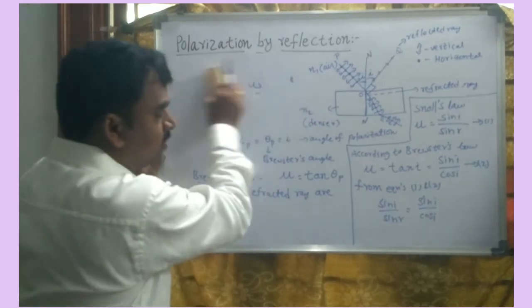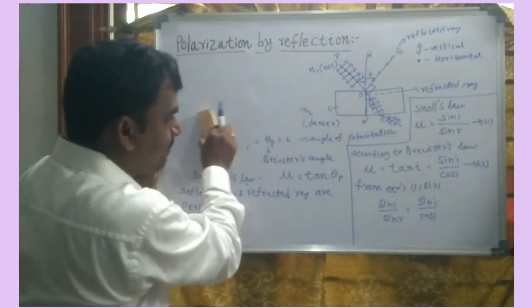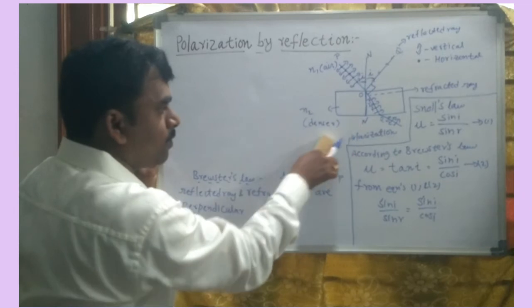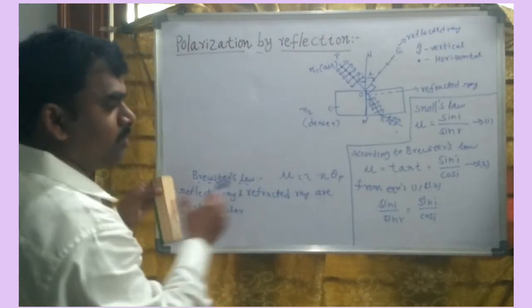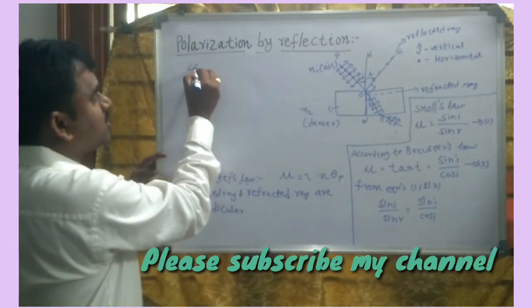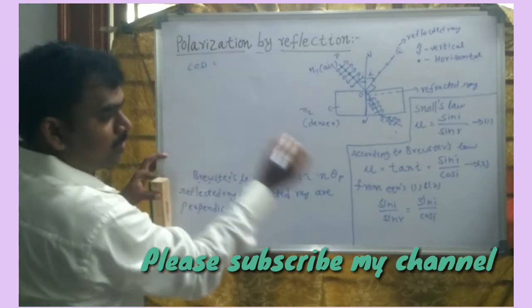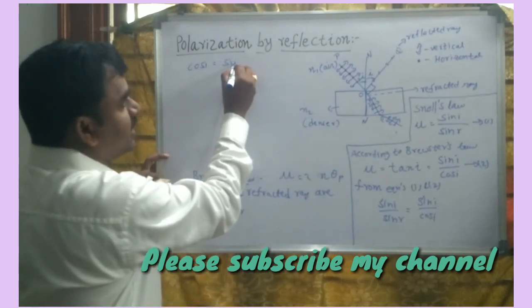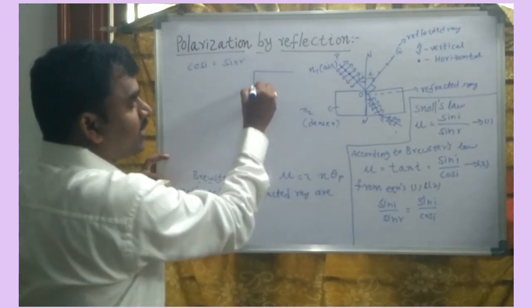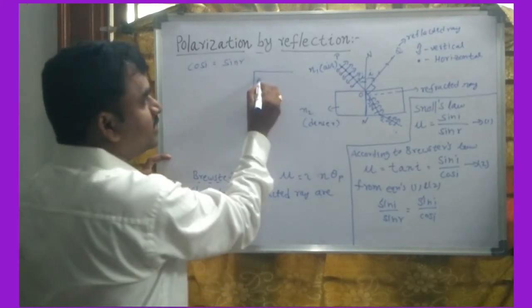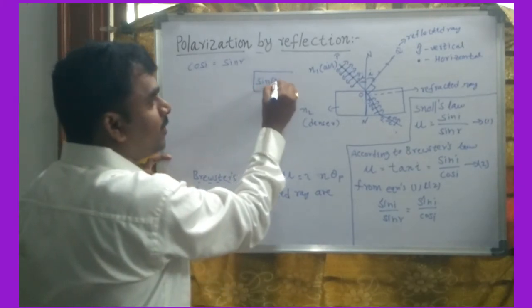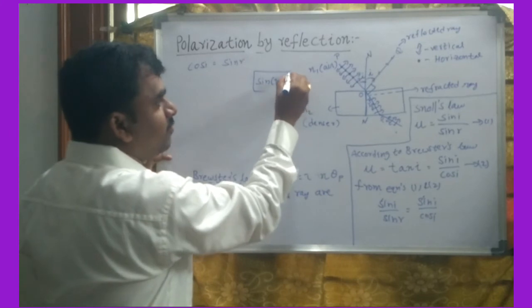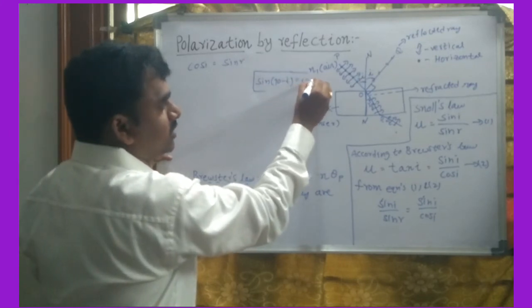So we can write cos i equals sine r. According to trigonometry, sine of (90 minus theta) equals cos theta.